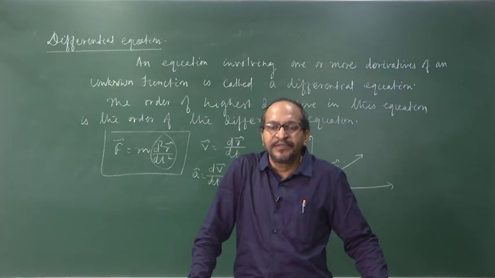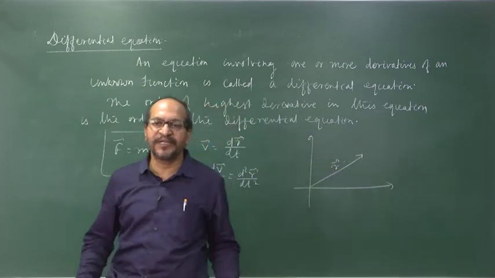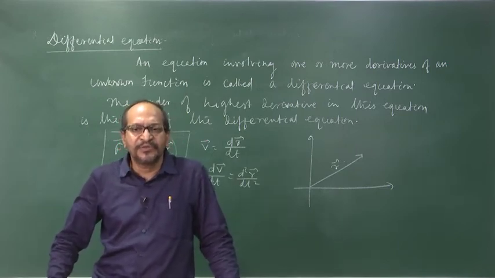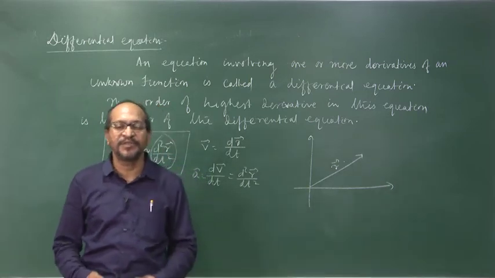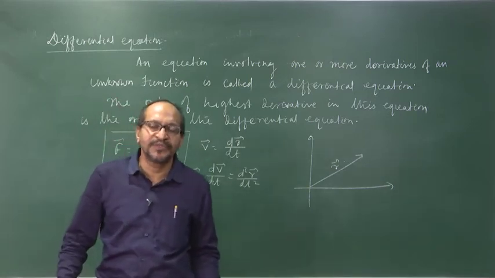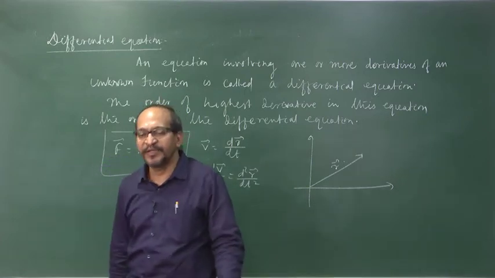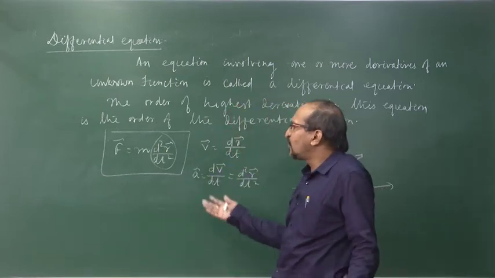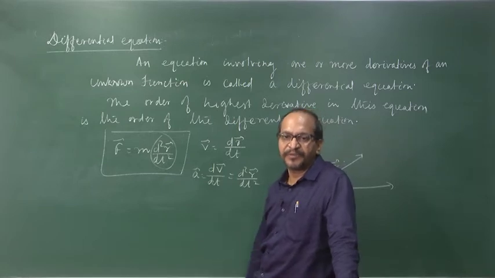In quantum mechanics we similarly deal with a second order differential equation called the Schrodinger equation. In the heat equation, in almost every branch of physics, we come across differential equations that involve derivatives of an unknown function, and our task is to solve this differential equation so that we can know the function value.